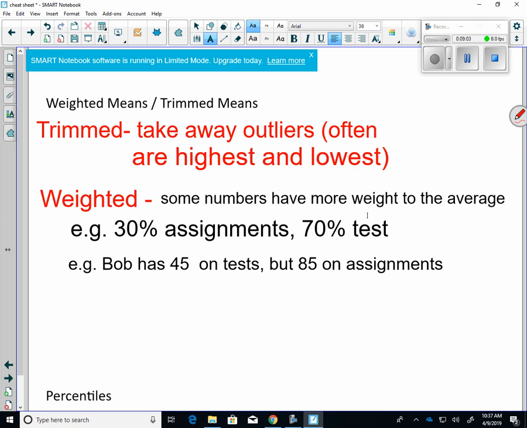His test mark is 45, so we go 45 times 70%, but you've got to convert it to a decimal: 31.5. 85 on assignments, 85 times 30% or 0.3.